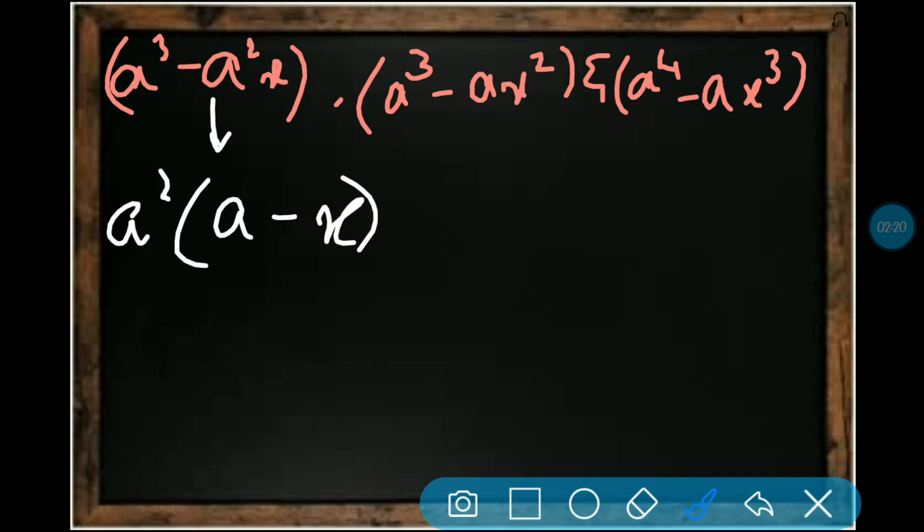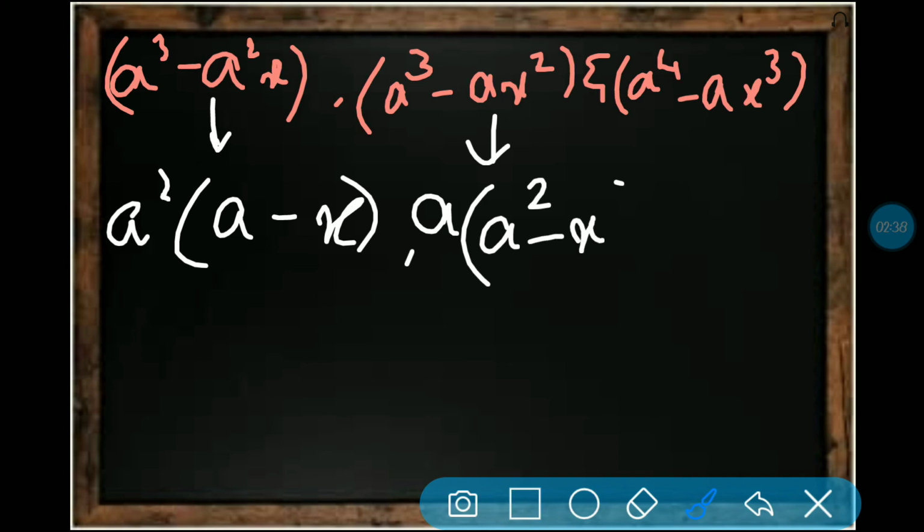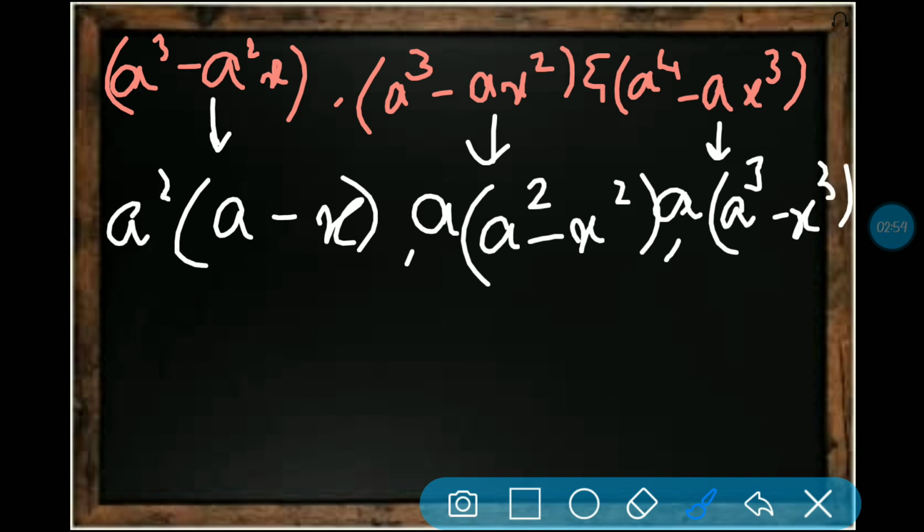Then for the second one, a x square, a is the smaller one, so we take a as common, and a power 2 is left, minus x square. Then for the third one, a is common again, so a into a power 3 minus x power 3. Correct, that is what we got until here.